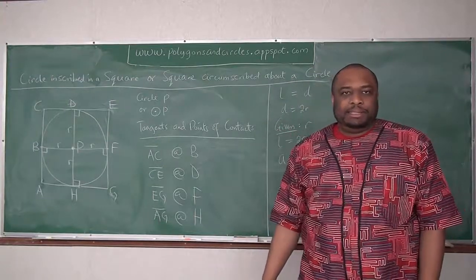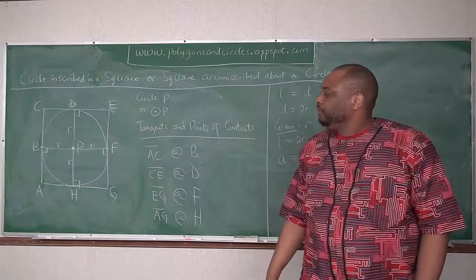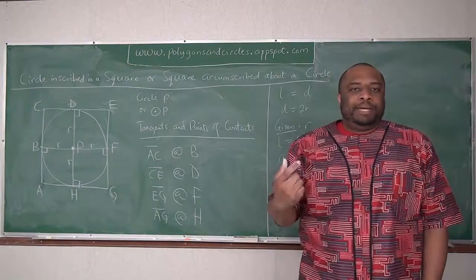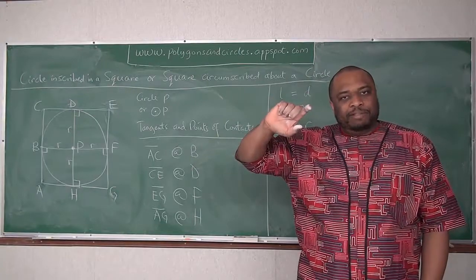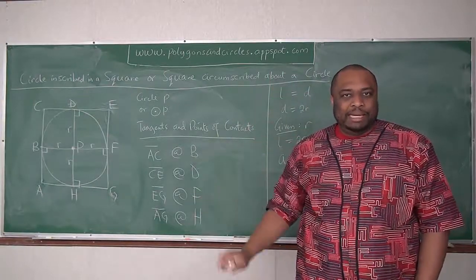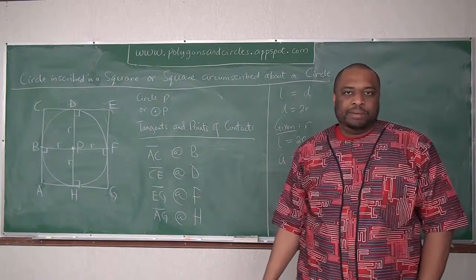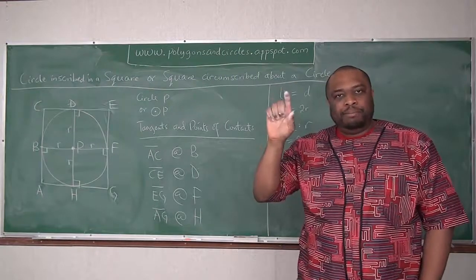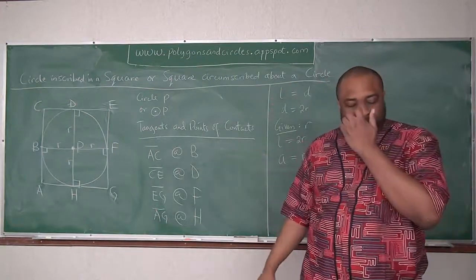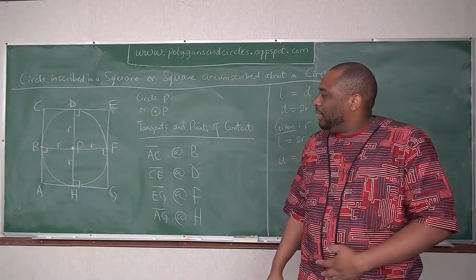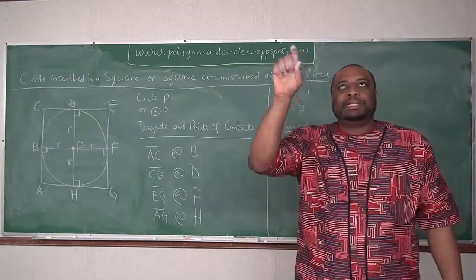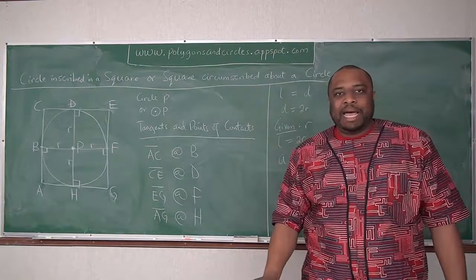We defined it in the previous videos. It is the perpendicular distance from the center of the regular polygon to any side of the polygon.